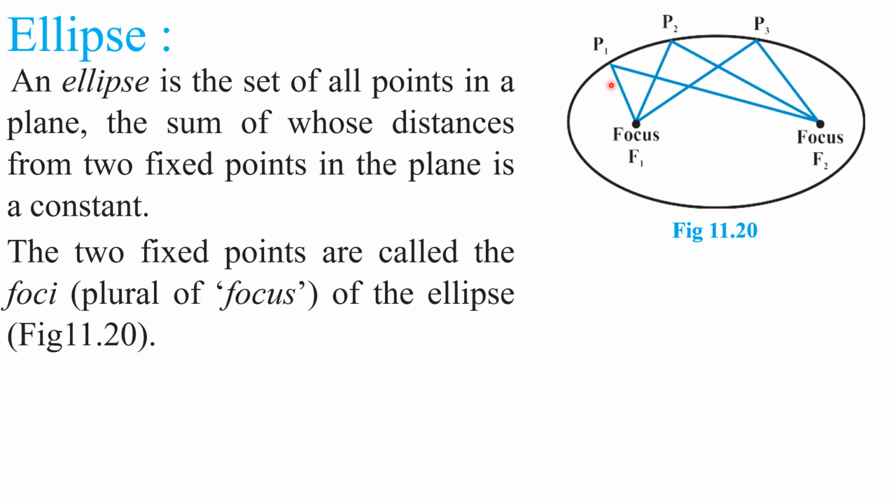These points are such that the sum of the distances from this point to these two fixed points, and the sum of the distances from this point to these points, and the sum of the distances of this point to these two points, all these sums are constant, the same.